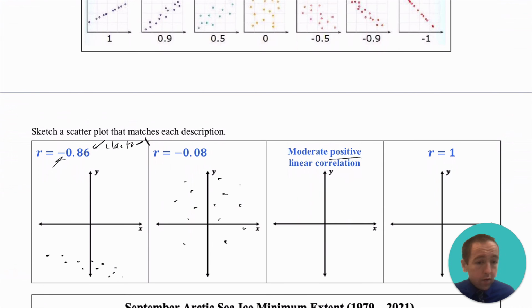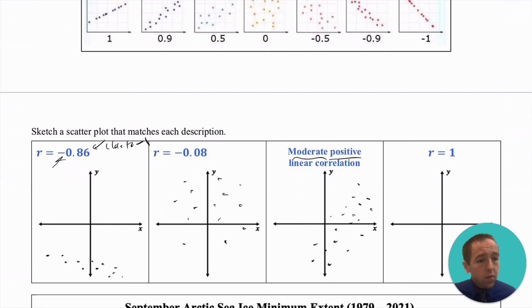Positive, of course, means a positive slope, and moderate means it's a pretty decent fit. It's not super close, but it's also not super far away. So if you had something like this, it might be a little more moderate, where it's a little more spread out, but definitely still a line pattern.